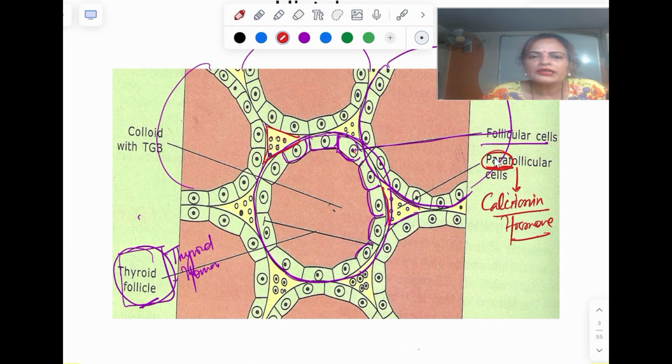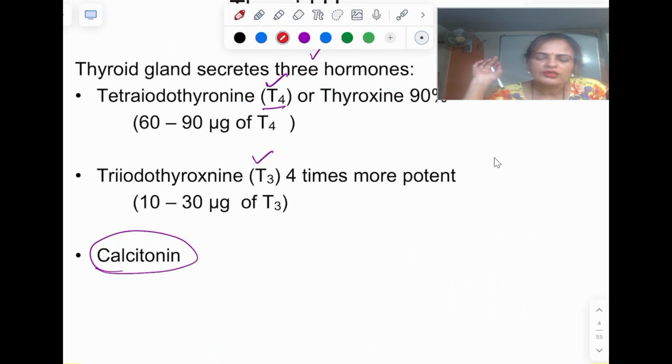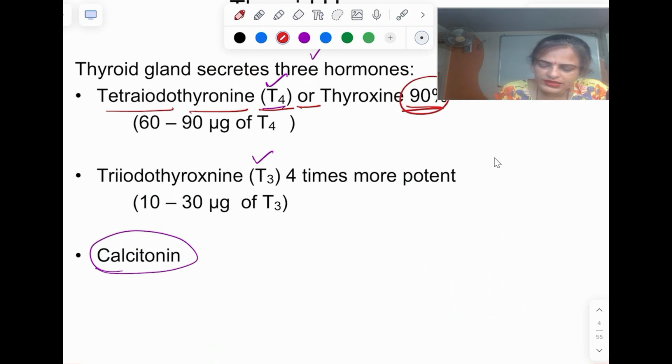So from the thyroid gland, three hormones are secreted. One is thyroxine or tetraiodothyronine, T4 or thyroxine. This is the major hormone. 90% of the gland secretes thyroxine, whereas 10 to 20% is triiodothyronine or T3, and the third one is calcitonin.